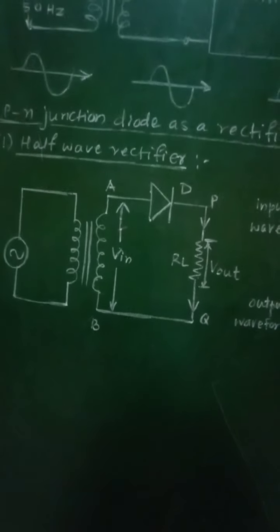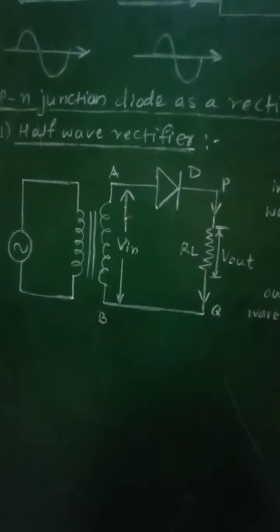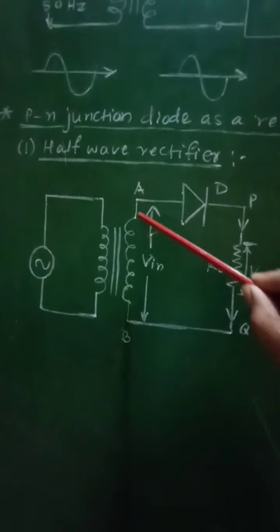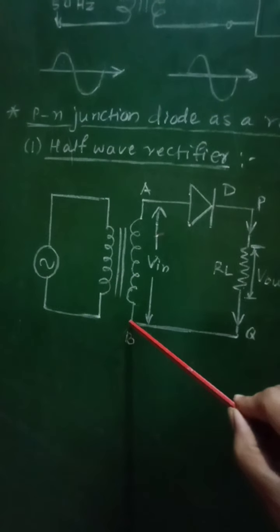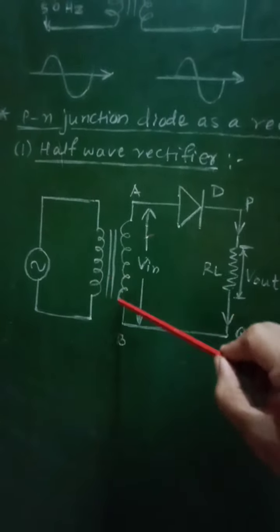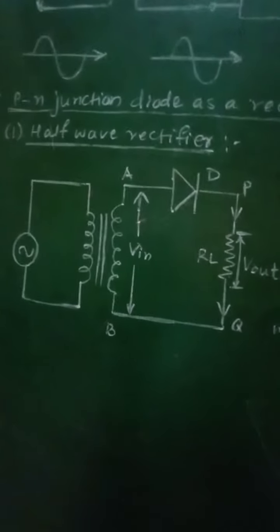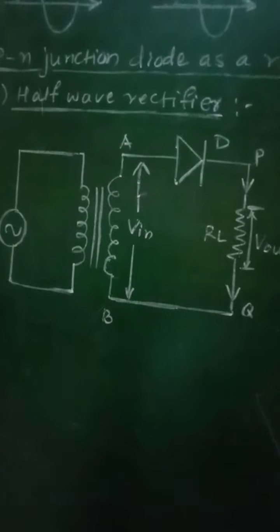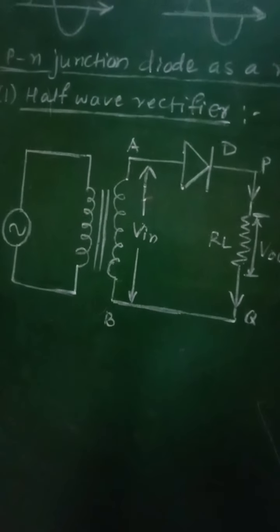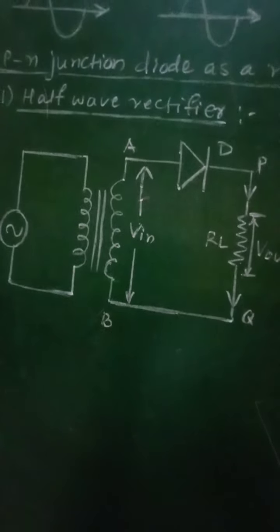So sometimes the positive half cycle will be supplied between the two terminals A and B. After that, the negative half cycle will go on.